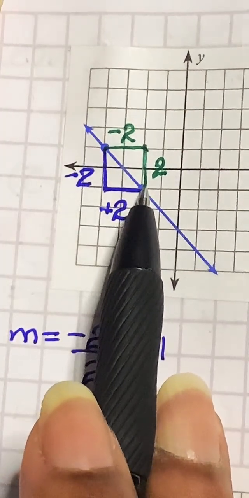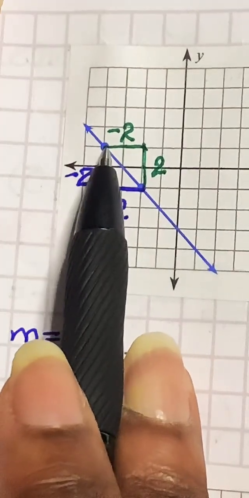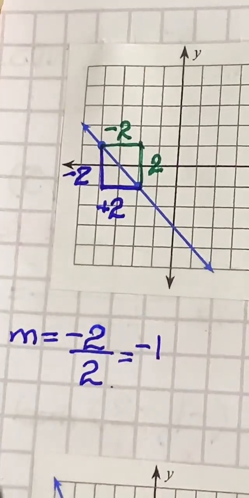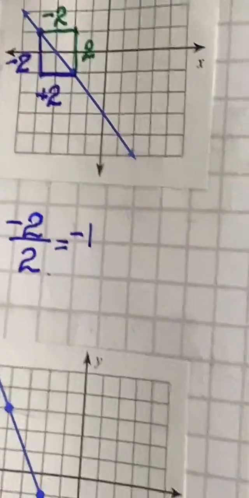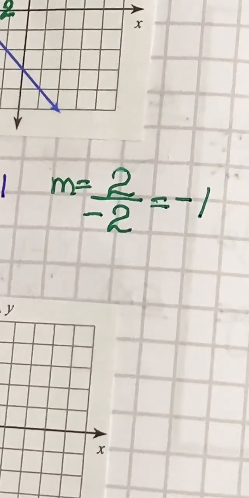If I start at this point here, I went up 2 and to the left 2. When I was going to the left, we made it negative. So that slope is going to look like this. We went up 2, so that's my y value, and we ran in the negative direction 2. This still gives me a negative 1 as a slope.